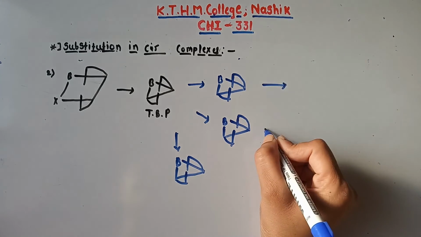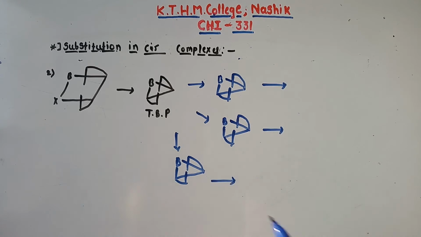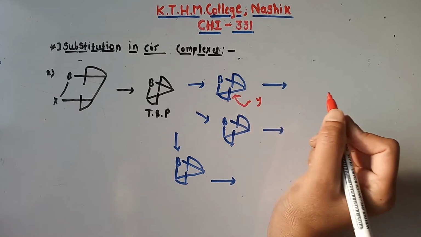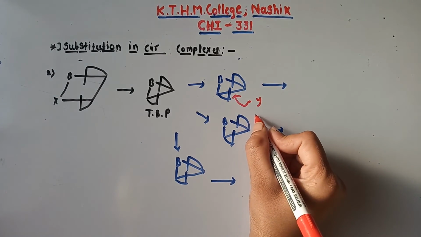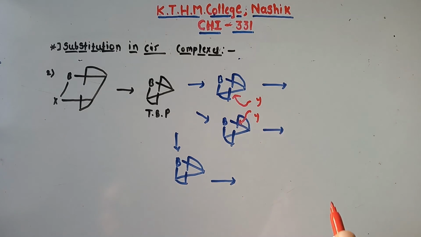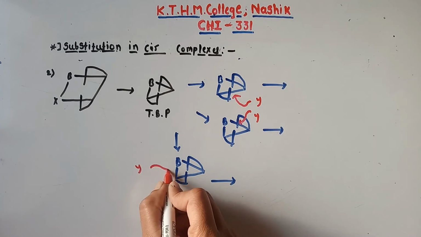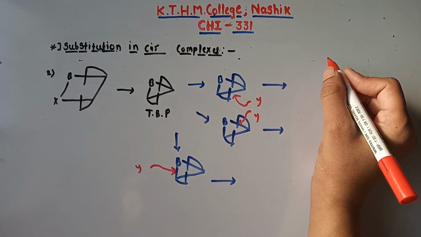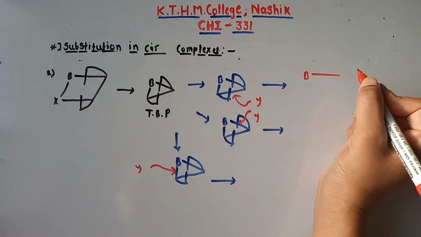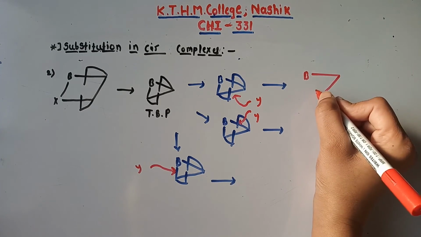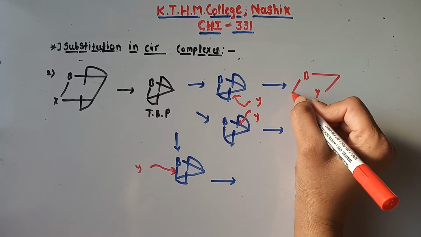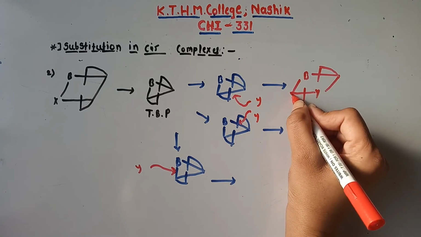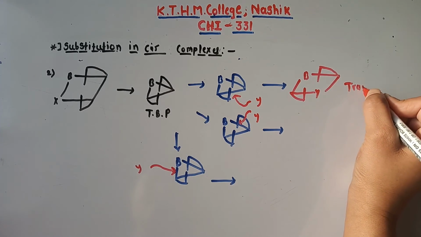Okay, now see, in this case when Y attacks from this plane, again Y attacks from this side, and lastly Y attacks from this side. Okay, so in this case when Y attacks from this side, here we get trans product.